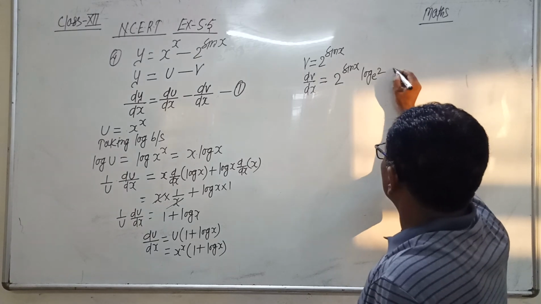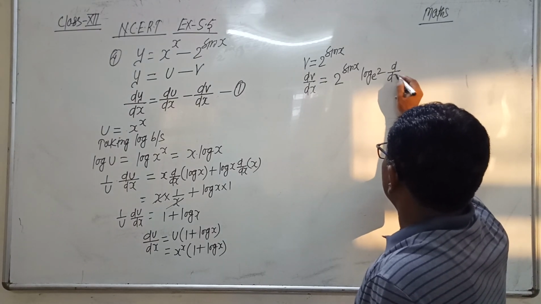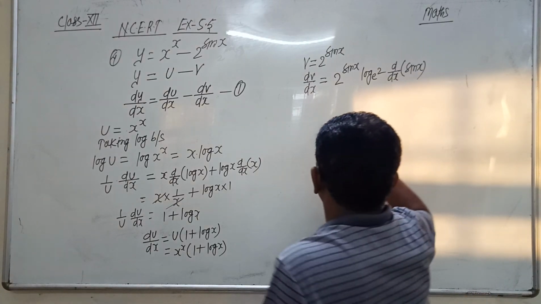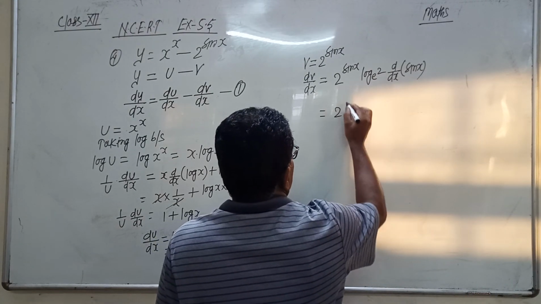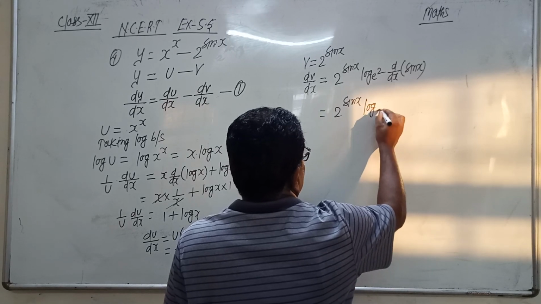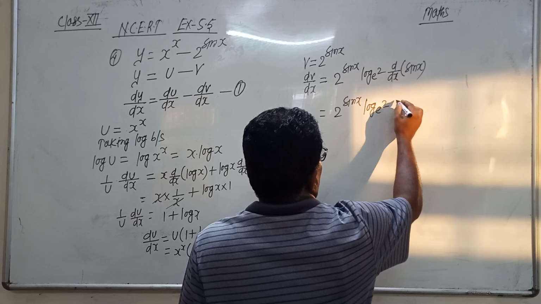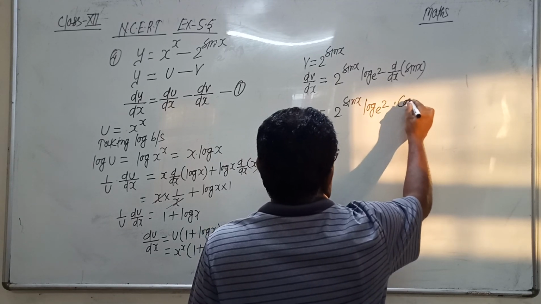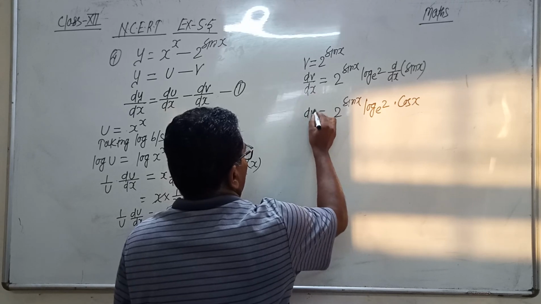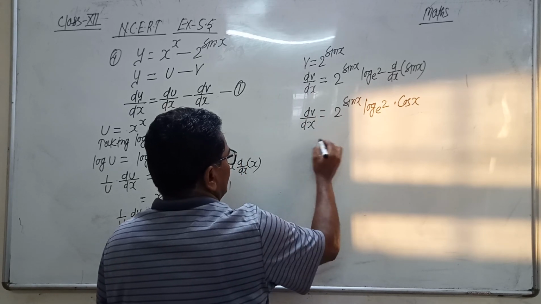Now drop 2, then d by dx of sin x. So it becomes 2 raised to the power sin x into log base e 2, and differentiation of sin x comes to be cos x. So this is the value of dv by dx.